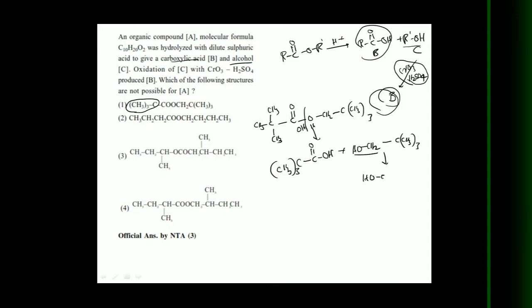So here C double bond O, here C(CH3)3. This is the carboxylic acid B, and this product C on oxidation gives product B. So these two are the same. So the question is which of the following structures is not possible?